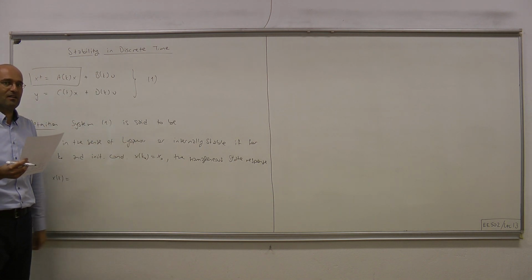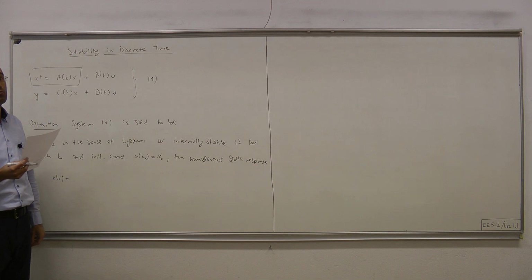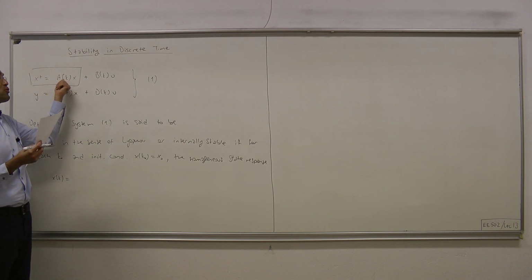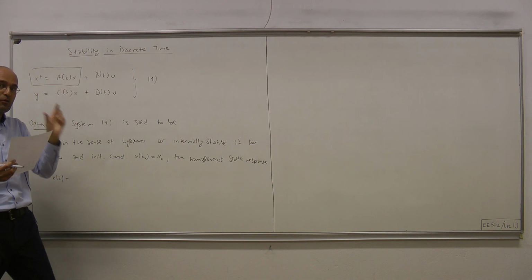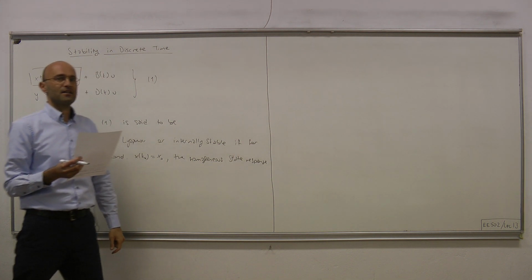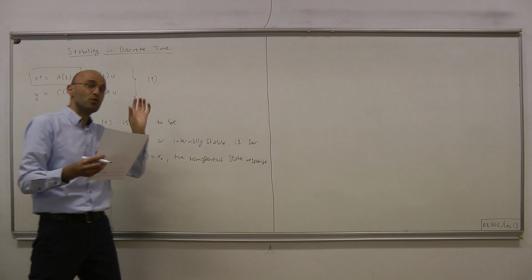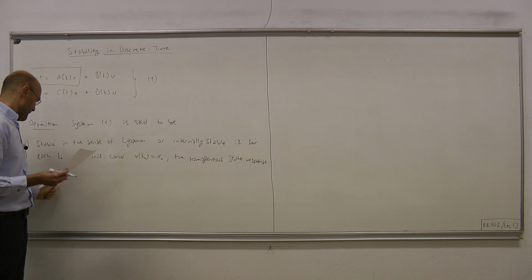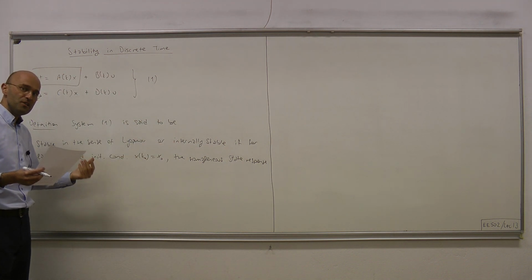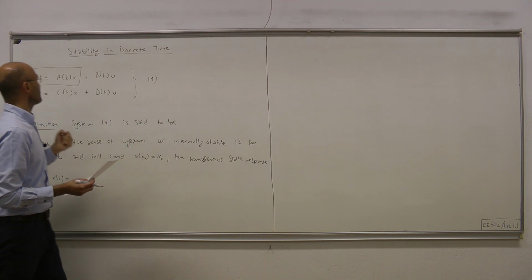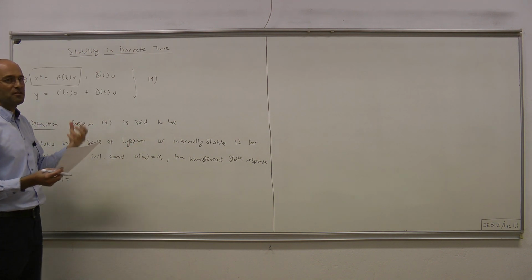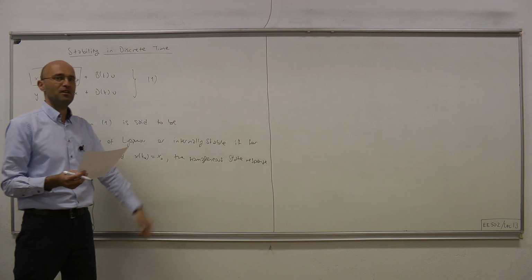At k equals k0 plus 2, it's A(k0 plus 1) times the value of the state at k equals k0 plus 1, and x(k0 plus 1) is A(k0) times x(k0). So x(k0 plus 2) is A(k0 plus 1) times A(k0) times the initial condition.